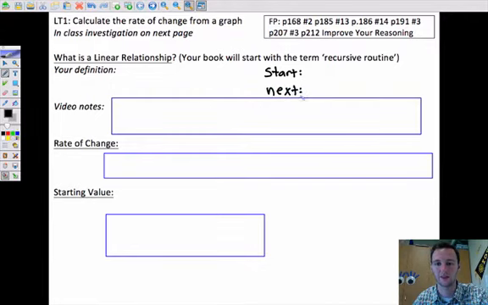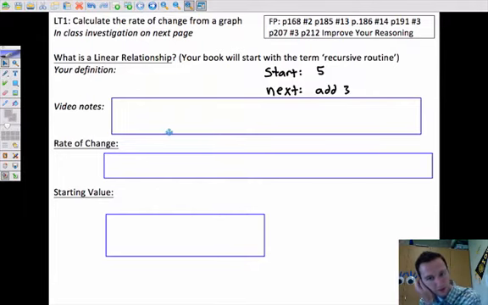So they might say start with 5, and your next term is add 3. That's the terminology they will use for a recursive routine. It ends up being a linear relationship, but that's just how they write it, as a heads up for when we do the focus problems later.